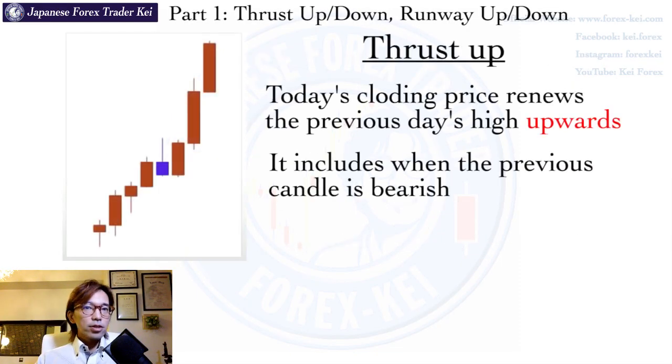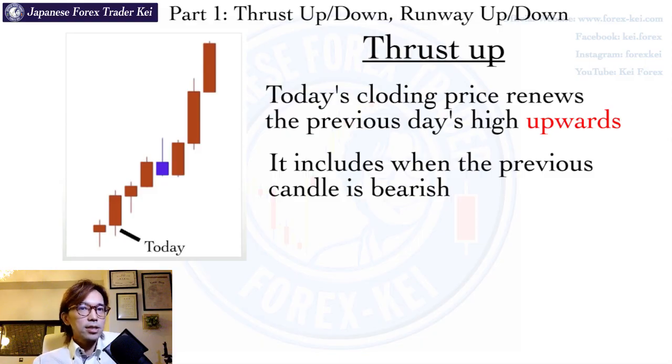First, there's a pattern called thrust up. This is when today's closing price breaks the previous high upwards, simply when the price renews the previous high upwards. It's called thrust up, and it's also applied when the previous candle is bearish. So let's say this second candle is today, right?